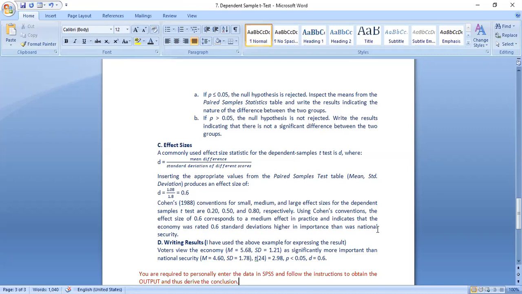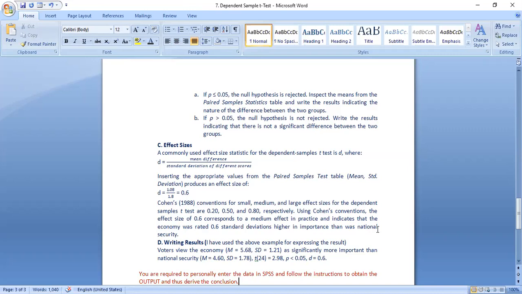Voters view the economy, mean is equal to 5.68, standard deviation is 1.21, as significantly more important than national security, mean is equal to 4.60, standard deviation 1.78, comma, t within brackets, df happens to be n minus 1, so 25 minus 1 comes to 24, is equal to 2.98.